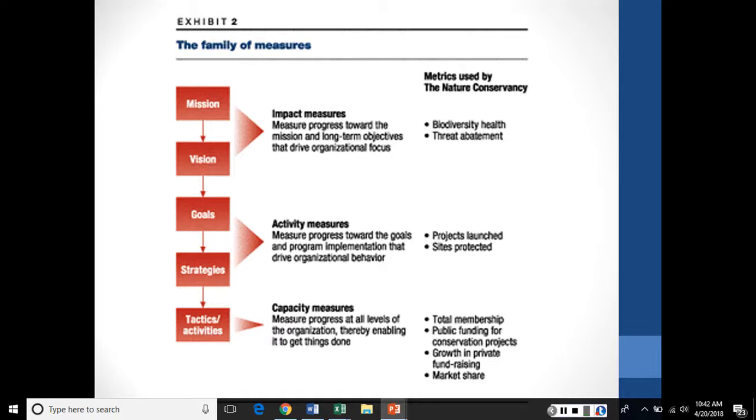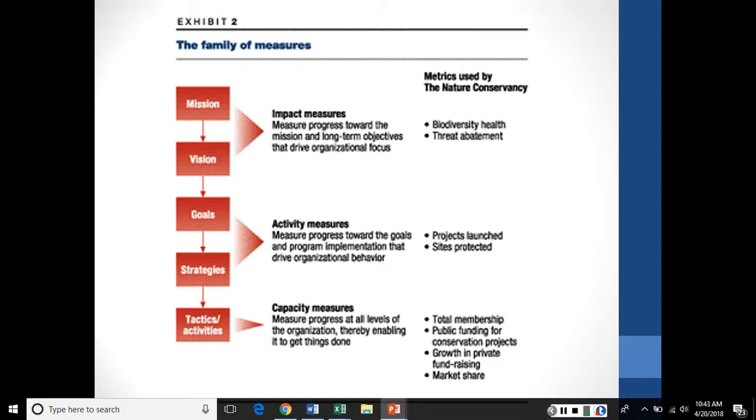But from their mission statement, they're going to have specific goals in place. Along with this overarching impact, we have very specific goals we want to reach. And in order to reach those goals, we're going to have to engage in strategies or tactics, very specific activities to fulfill those goals, to then fulfill the mission statement.